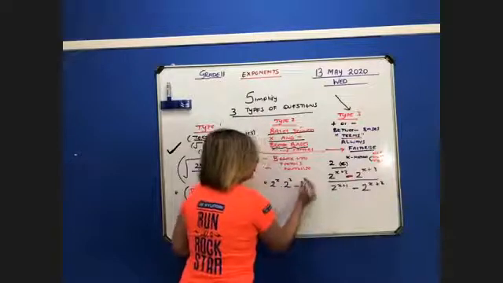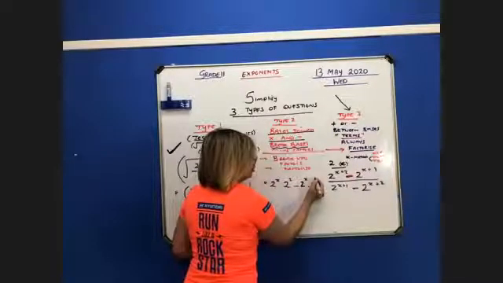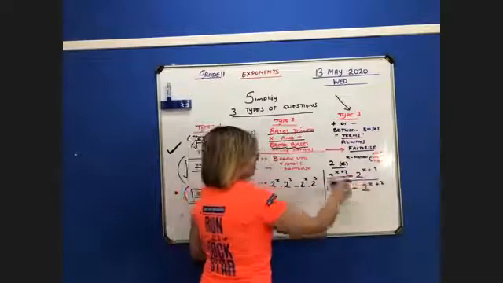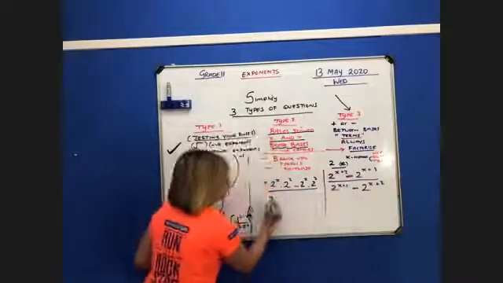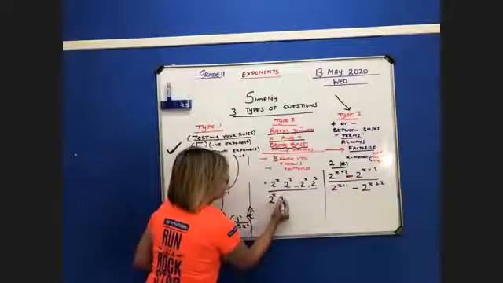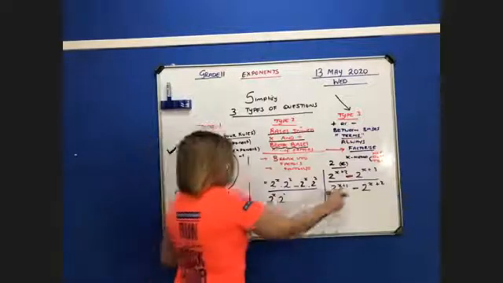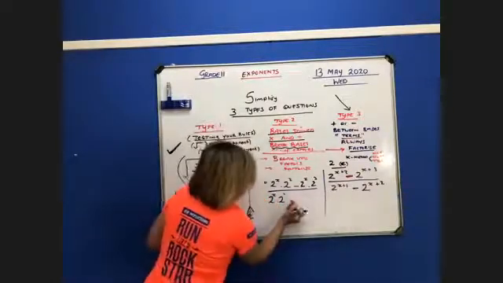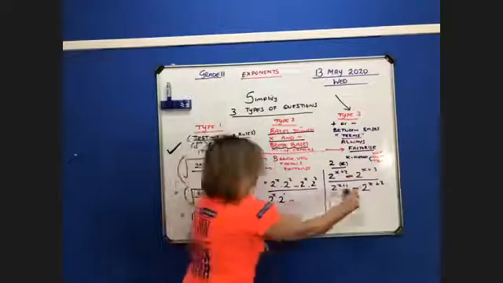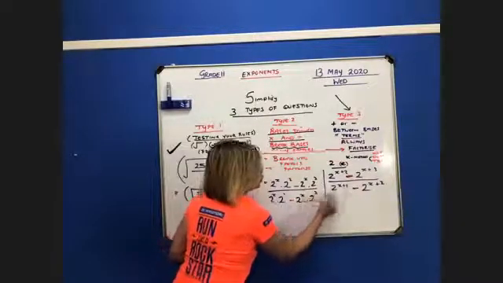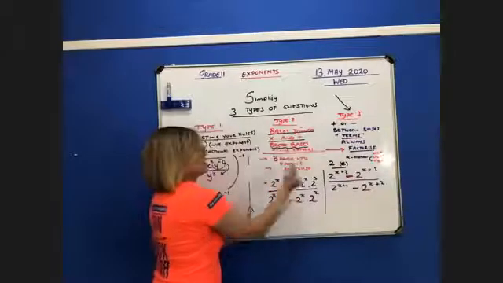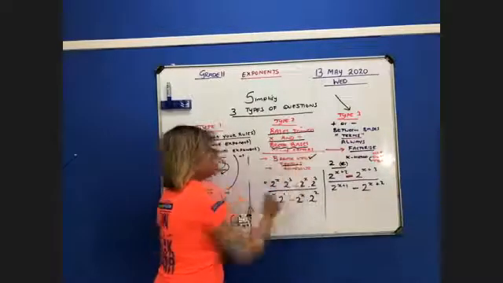You've got 2 to the x times 2 to the 3. If you divide that, break that into factors, 2 to the x times 2 to the 1. That's what that is. Minus, and here you've got 2 to the x times 2 to the 2. Right, so I've broken it into factors.